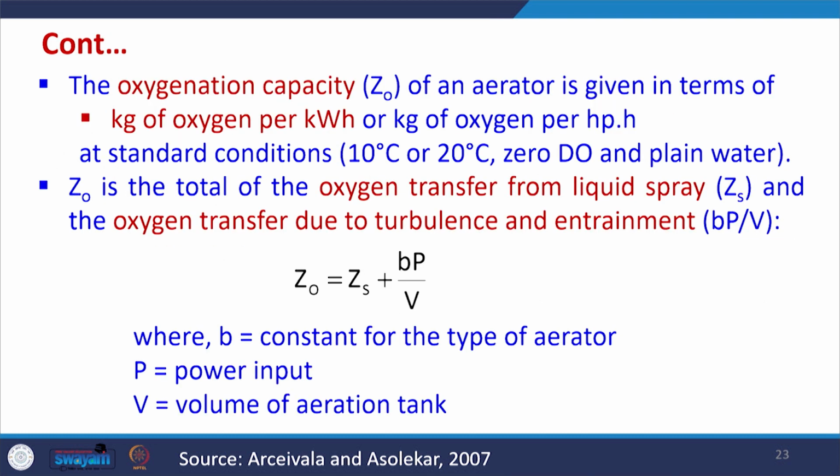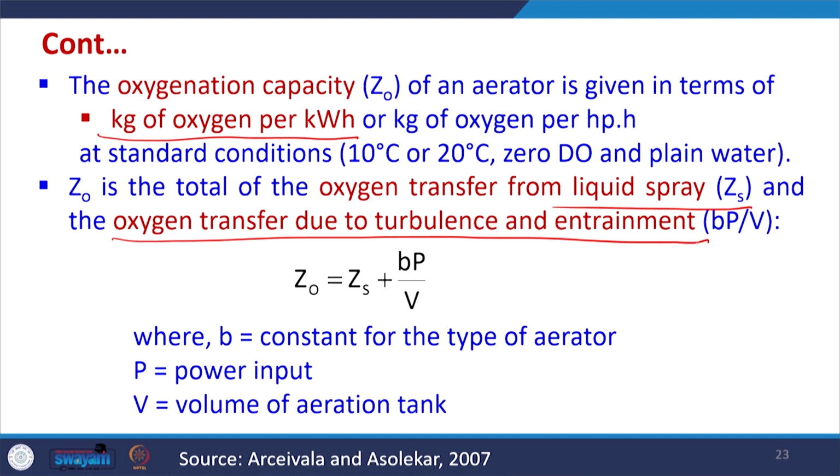Now, the oxygen capacity of an aerator is given in terms of kg of oxygen per kilowatt hour or kg of oxygen per horsepower per hour at standard conditions, which may be 10 degrees, 20 degrees, 0 DO or plain water, and this Z0 is the total of the oxygen transfer from liquid spray, and oxygen transfer due to turbulence and entrainment.